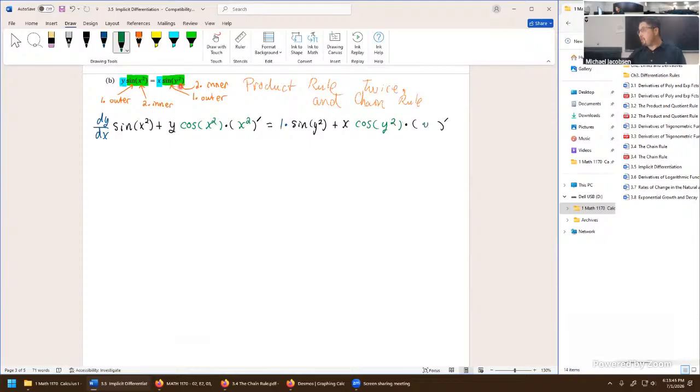So y squared will go both here and here. And now when we go to do the derivative of that y squared, that's a whole new chain rule, but that's just still differentiating implicitly. That's where we're going to get another 2y times dy dx. So that's the story so far. We have 2 derivatives to finalize, derivative of x squared, derivative of y squared. Any questions at all, folks, with getting through all those rules?